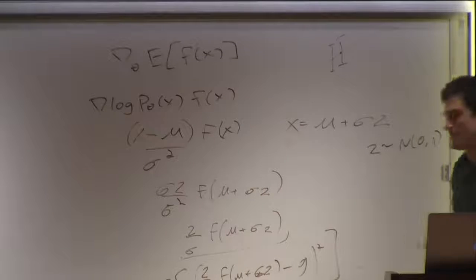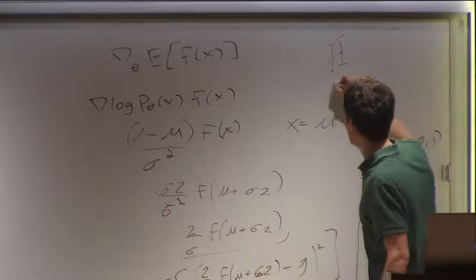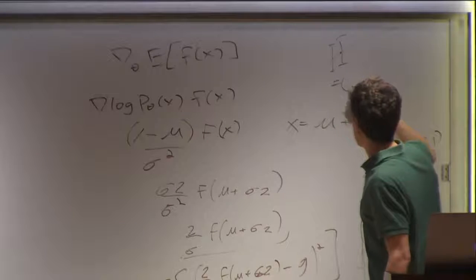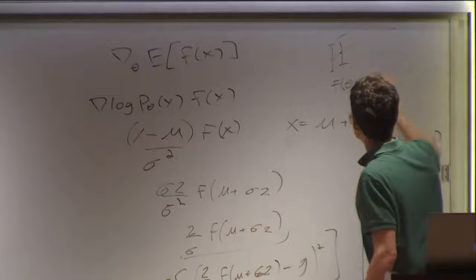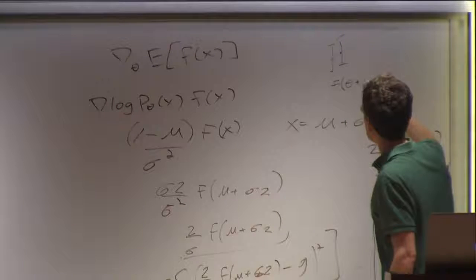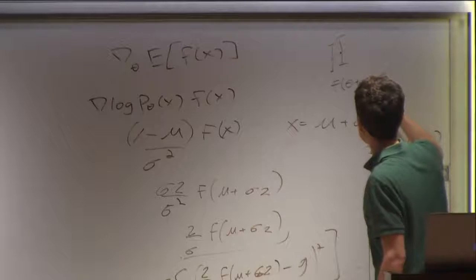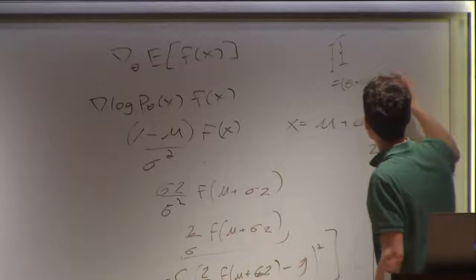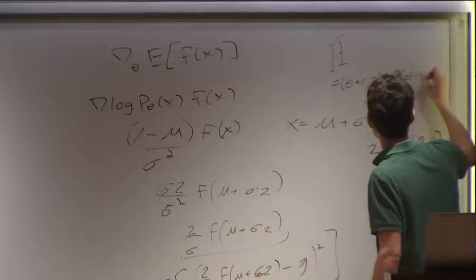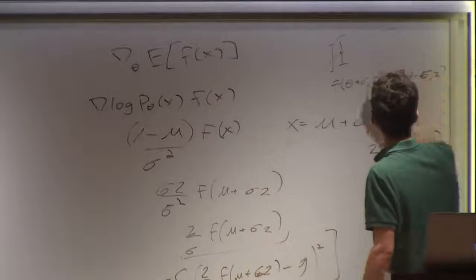In finite differences, that would be like taking f of theta plus sigma z minus f of theta minus sigma z, over 2 sigma.